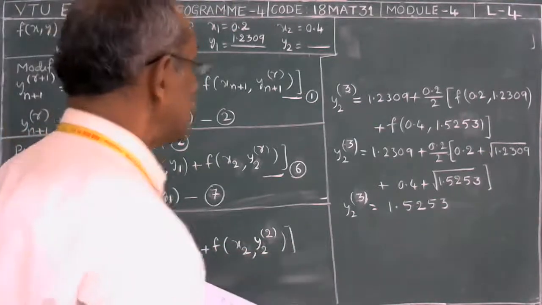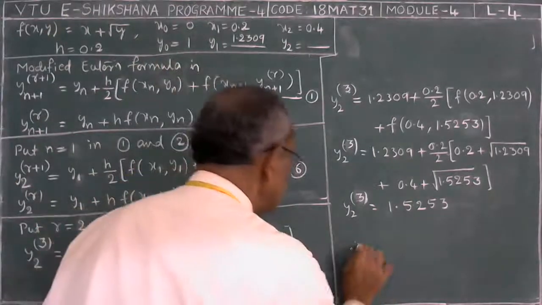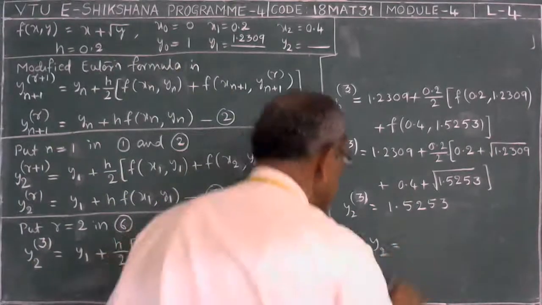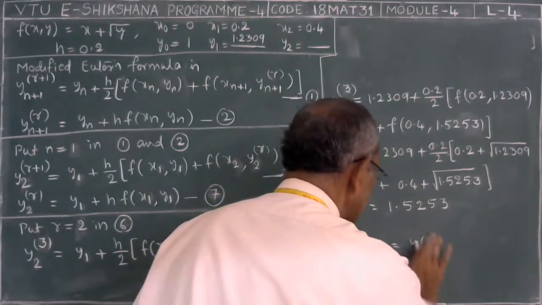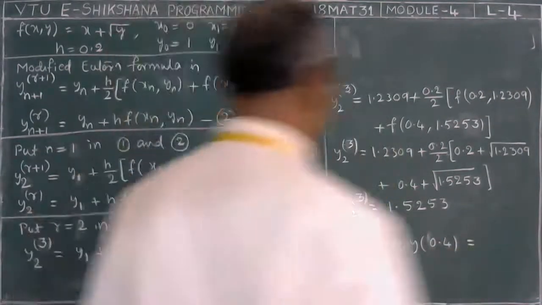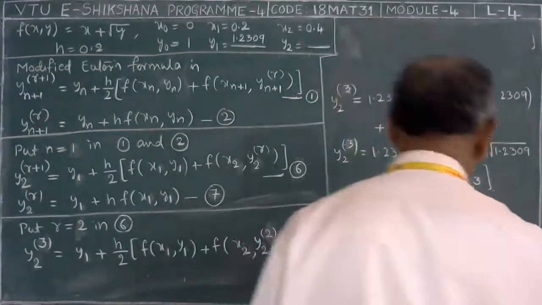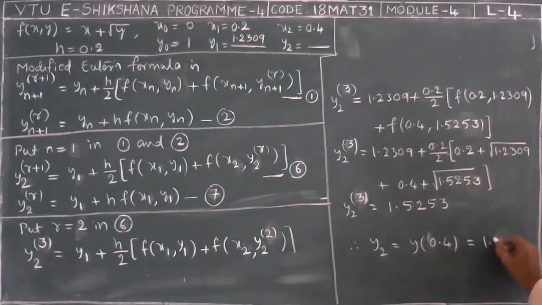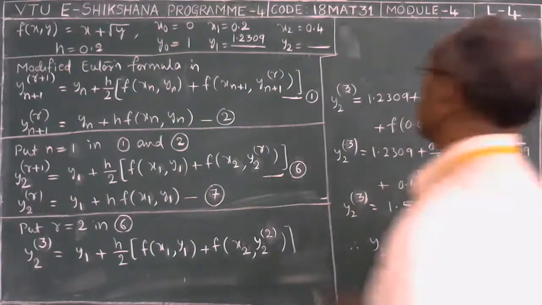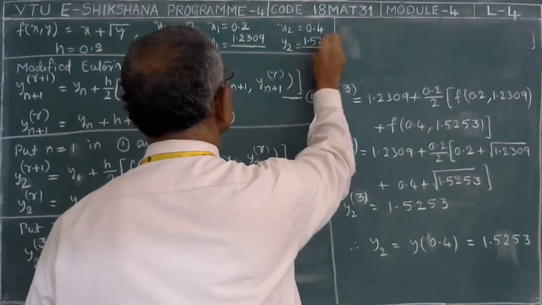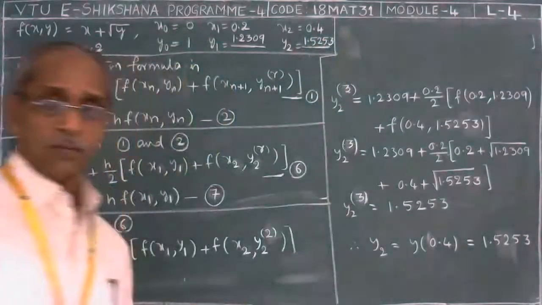So therefore the value of y of the third iteration, that is y2, equal to y at x is equal to x2, where x2 is 0.4, is 1.5253.